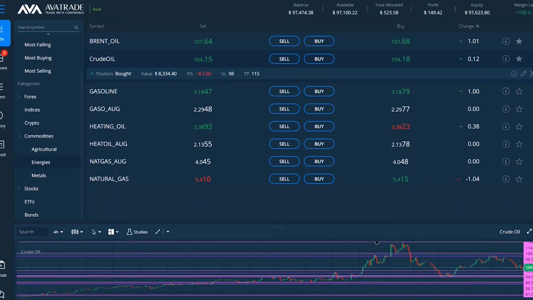Probably we'd say maybe crude oil is a little overbought right now for those market conditions. And so that's the sort of thing where you can start to believe in the concept that you can maybe start to see when you think something's overbought given the current circumstances, or oversold.